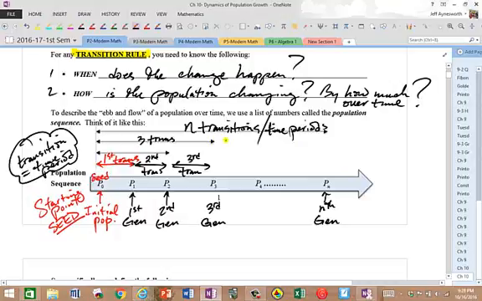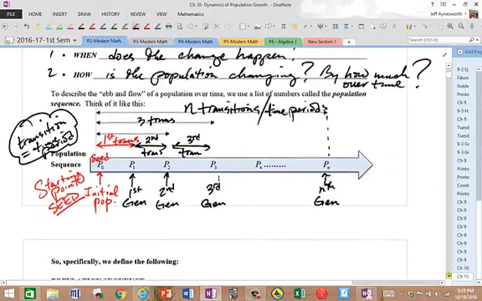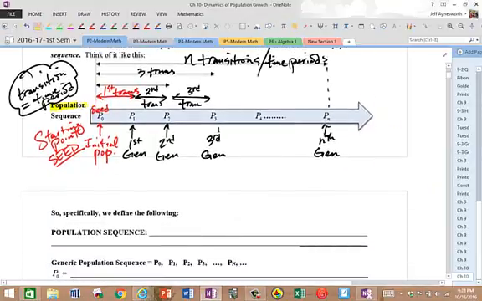So P sub 4 is after 4 transitions, P sub 5 is the population after 5 transitions, and so on, all the way after n transitions, you get P sub n, which is the nth generation or the population after n time periods. We're going to be using this notation when we talk about what's called a population sequence.